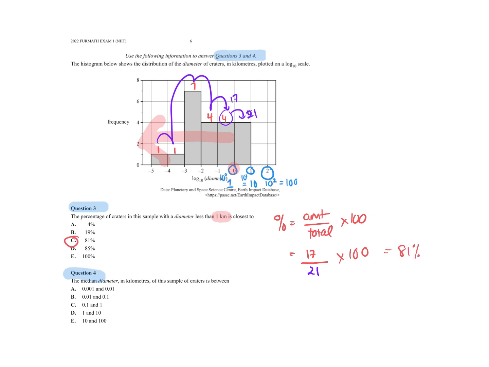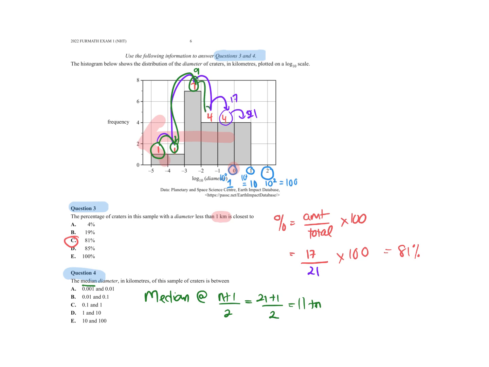Now, question 4, the median diameter in kilometres, so median. Remember, we find the median at n plus 1 divided by 2. We know n was 21 because we just worked that out. So we're going to say the median happens at the 11th spot. If I do my running total, 1 plus 1, that's 2, plus 7, that would be 9.